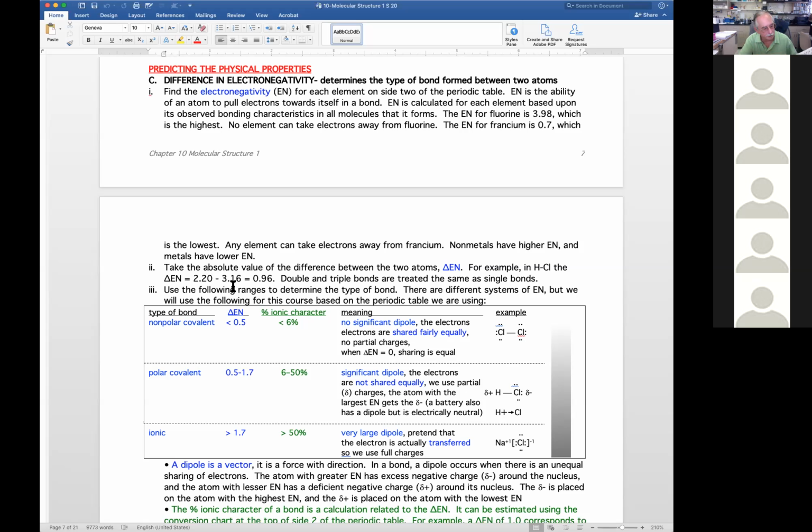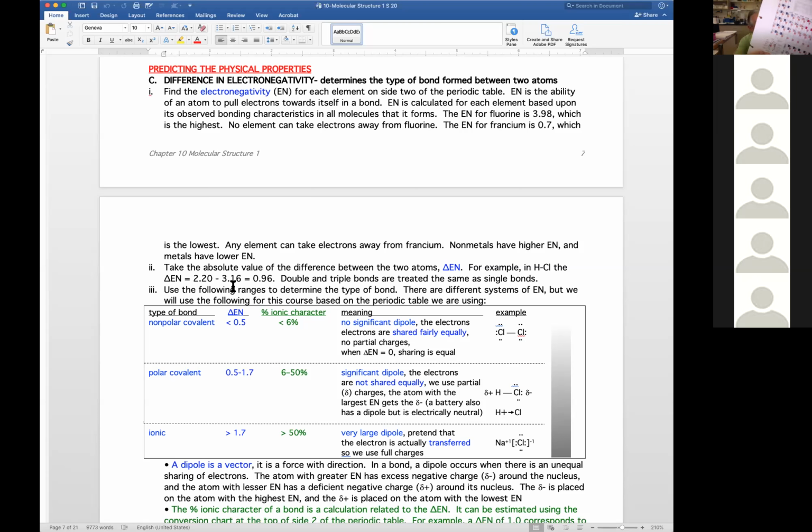So here's side 2. What number is it on this one? What exactly are we looking at on side 2 of the periodic table? That number right there is the electronegativity. And you can look at the table down here.